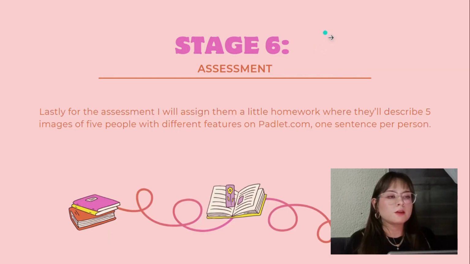And lastly, the stage 6 assessment. For this stage, I will assign them a little homework where they'll describe 5 images of 5 people with different features on Padlet.com, and 1 sentence per person.